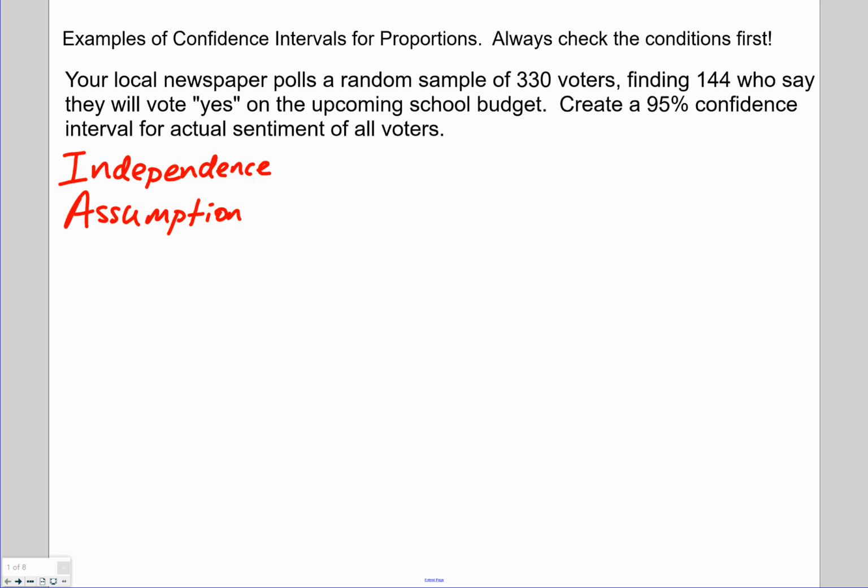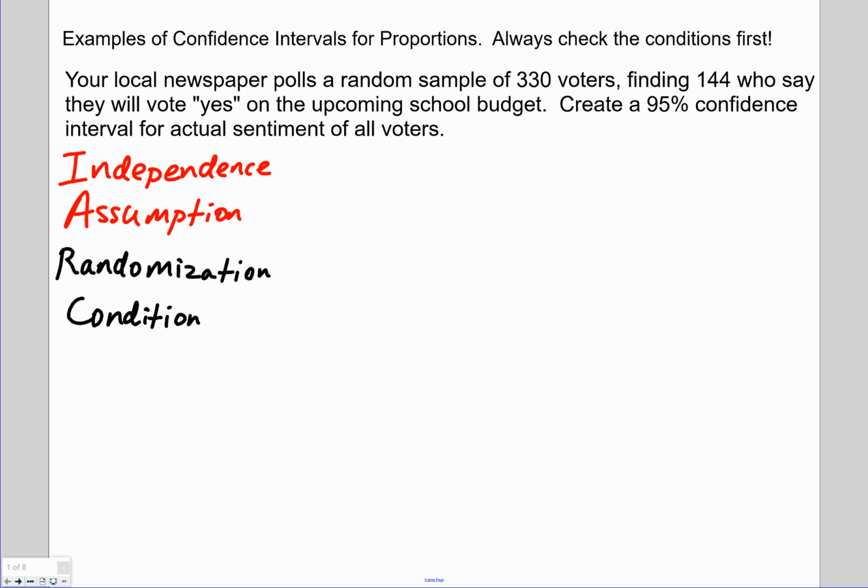Who wants to give that a try? Anyone? Randomization? Yeah, Kelly? Perfect. Good job, Kayla. They said it's a random sample.